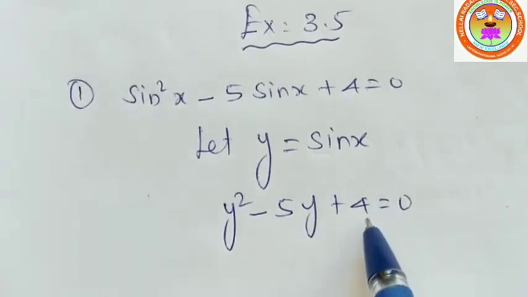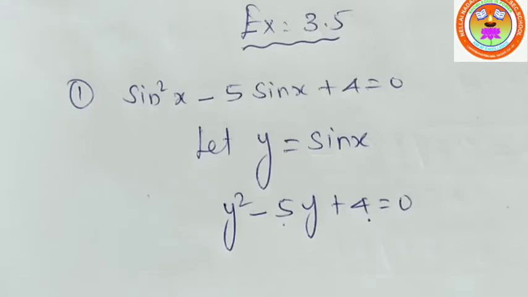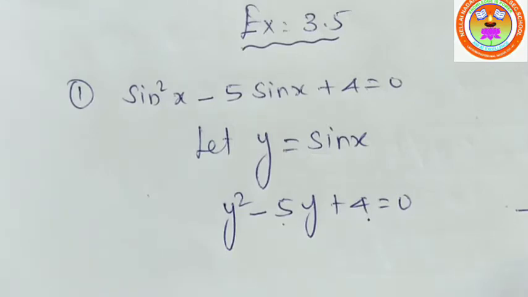The product of the two numbers is 4 and the sum of the two numbers is minus 5. The only possible numbers are minus 1 and minus 4.